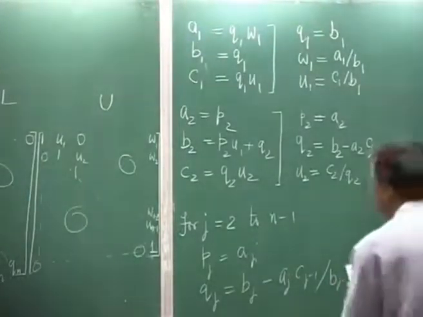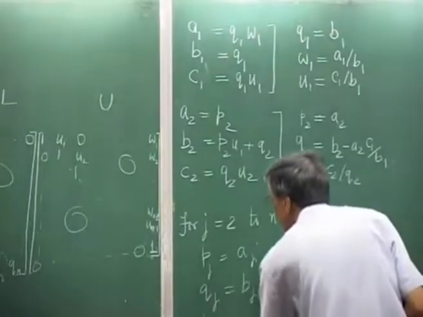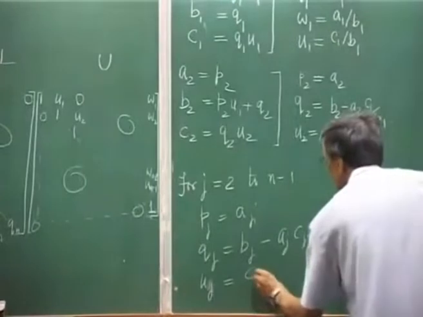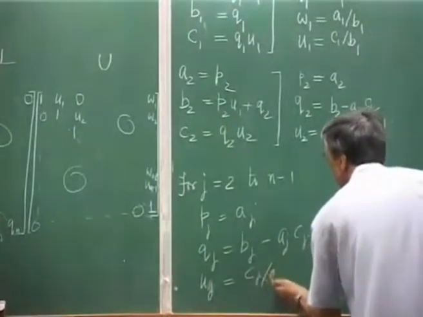And the same way you could write U j equal to C j by Q j.